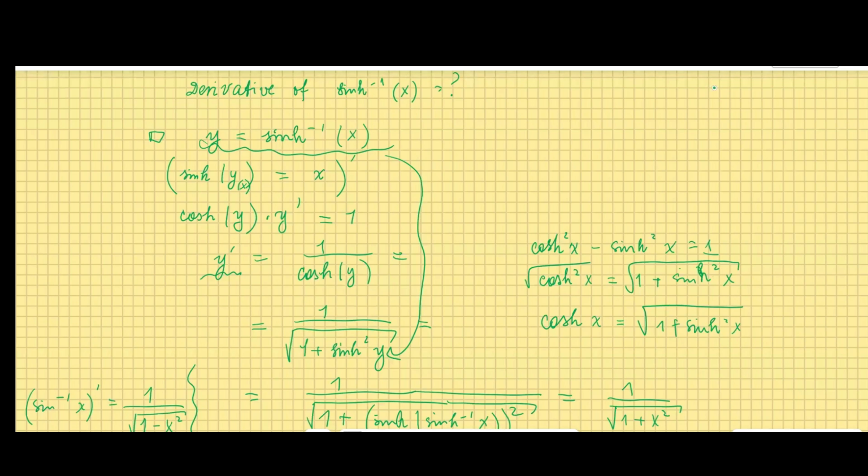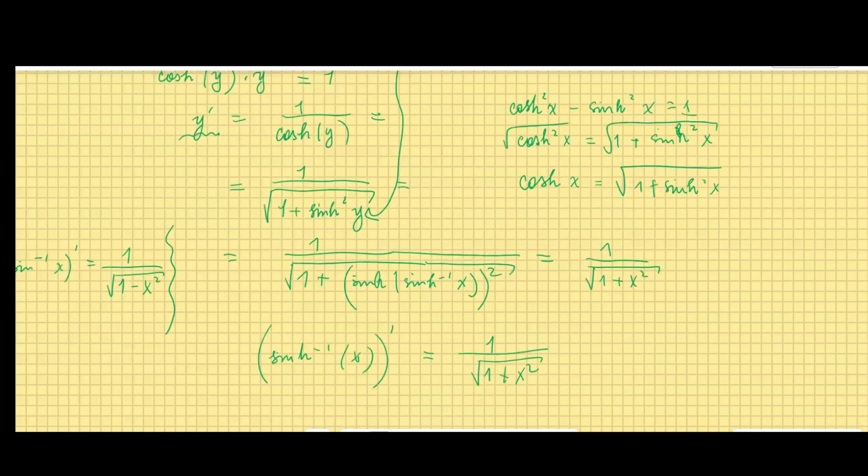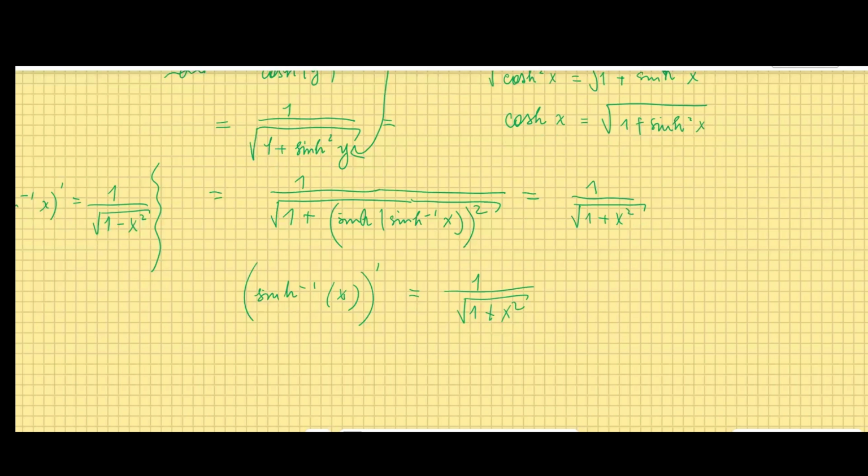So y prime was the derivative of that. If sine hyperbolic inverse derivative equals that square root, then the integral dx over the square root of 1 plus x squared is going to be equal to what? Sine hyperbolic inverse of x plus a constant, of course, the antiderivative.